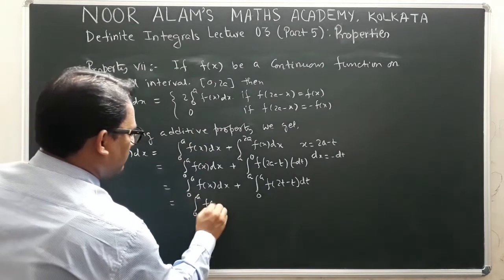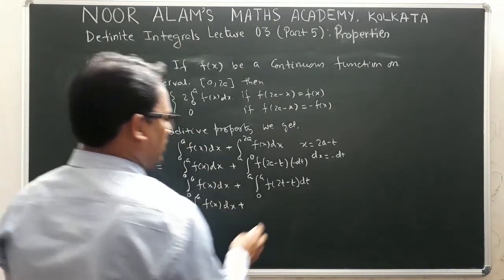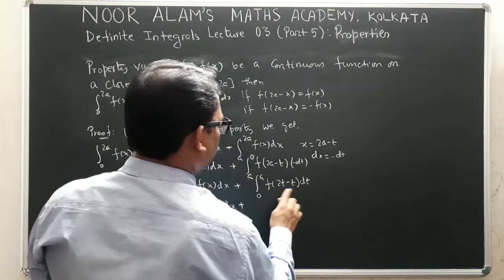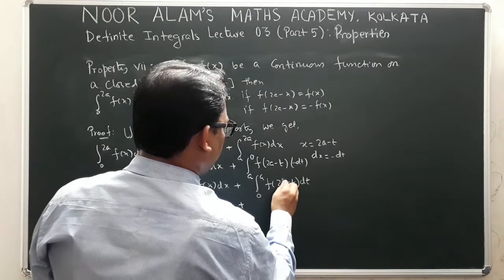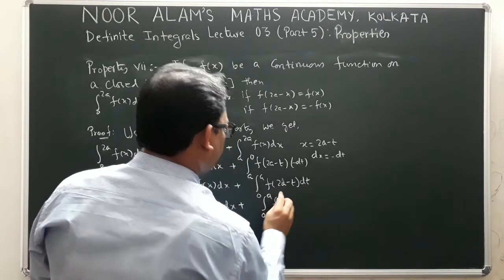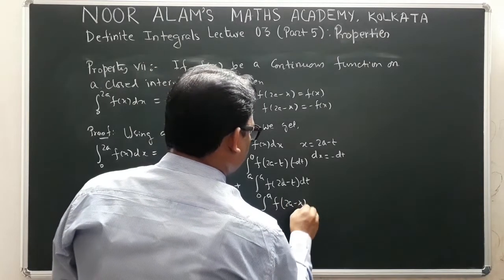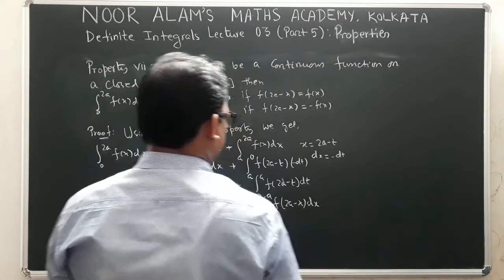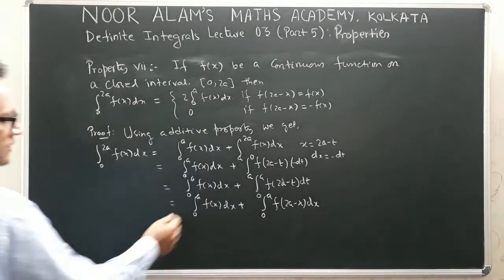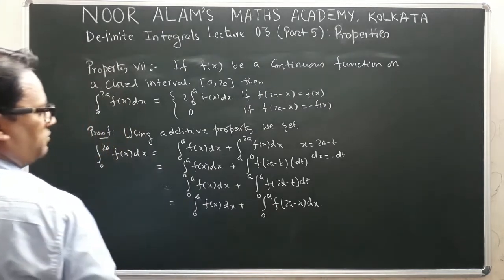We also know from the first property that the integral is independent of the variable, so instead of t we can write x. So we get the result: the integral from 0 to 2a of f(x) dx equals the integral from 0 to a of f(x) dx plus the integral from 0 to a of f(2a minus x) dx.